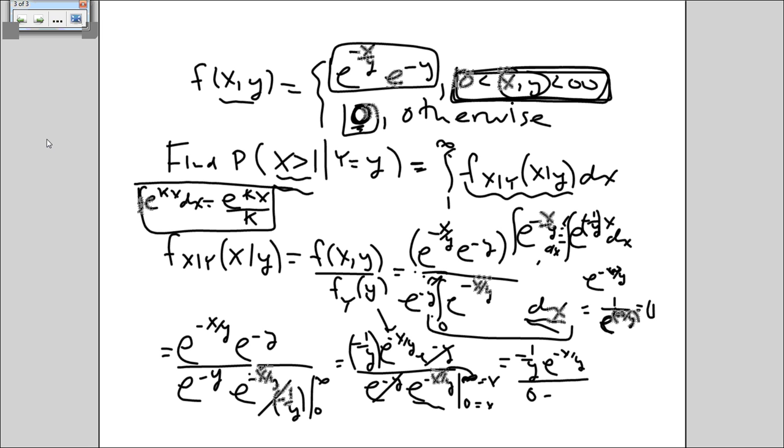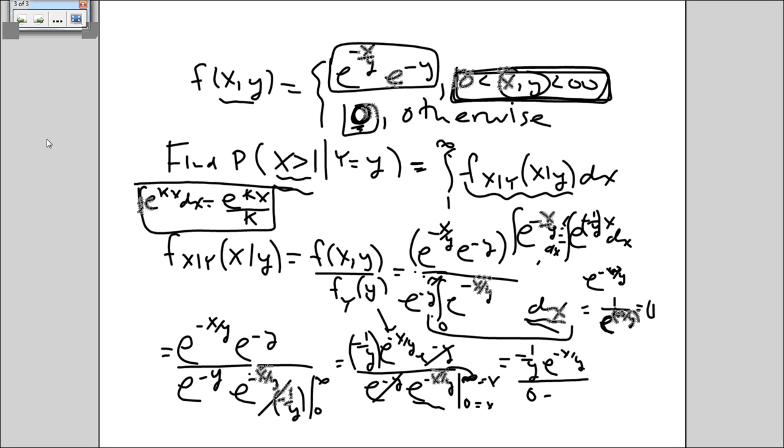Minus. Now I plug 0 in. Negative 0 over y is 0. e to the 0 is 1. So this bottom is negative 1. And when you divide negative 1 over y by negative 1, you just get 1 over y times e to the negative x over y.